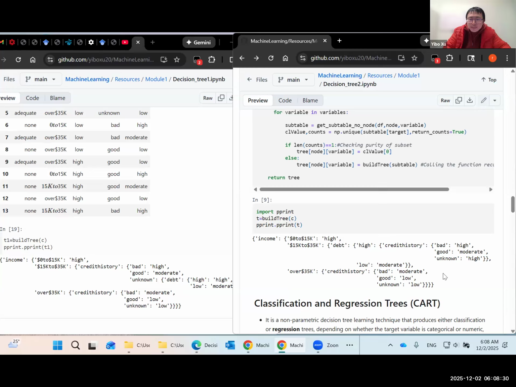Now for the customers with the highest income range, the credit history part is roughly similar to before. So now you do see the distinction. Credit history unknown, debt low is moderate.